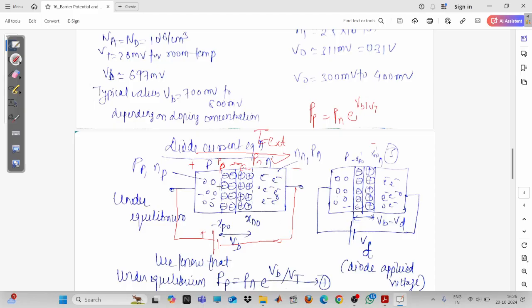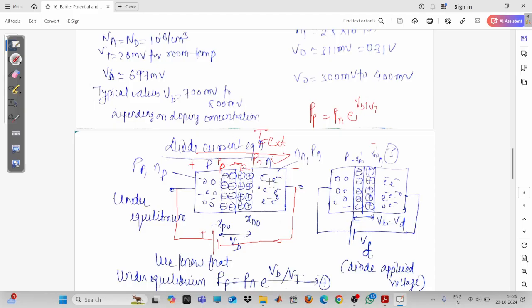Obviously like charges repel each other and unlike charges attract each other. So there will be a force of repulsion and the force of attraction at the same time. So the majority charge particles will try to drift towards the depletion layer and they will try to pierce, they will try to enter into this depletion layer. So what is going to happen now?